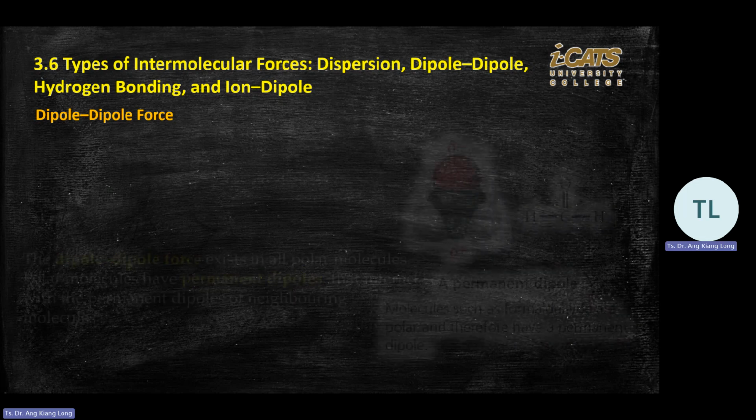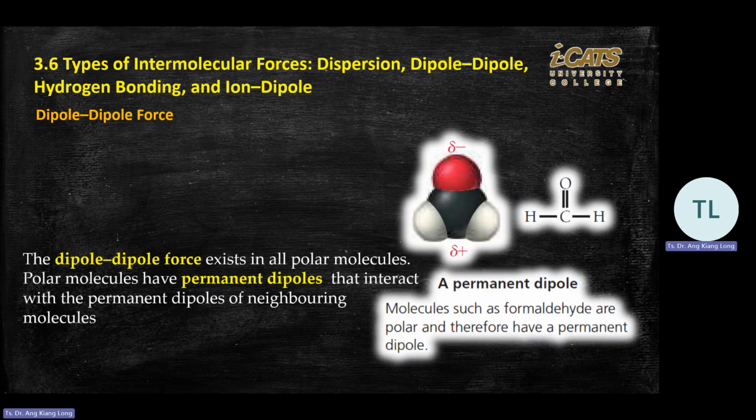So how do we know it is dipole? Basically, you can draw the Lewis dot model that gives you a double bond, single bond, or triple bond.